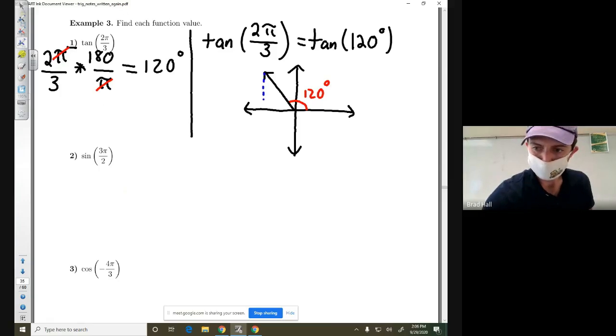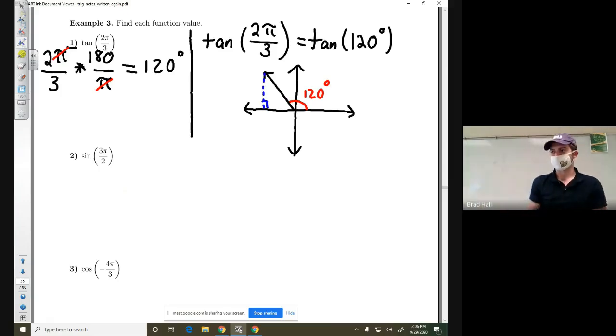We triangulate, same stuff as before. All we did was start off with radians and convert that to degrees, and then everything else follows the same. So this should be mostly review.